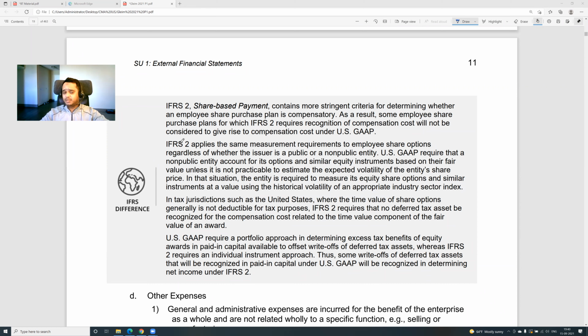Are you guys there with me? Yes, sir. Type down a yes in the chat section so that I can see who all are here. One, two, three, four.